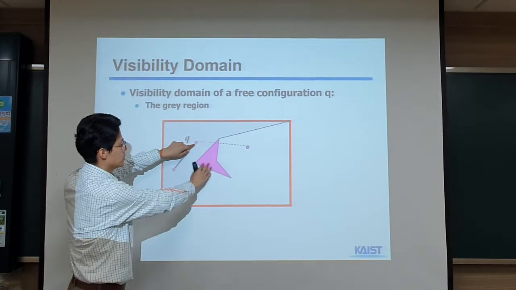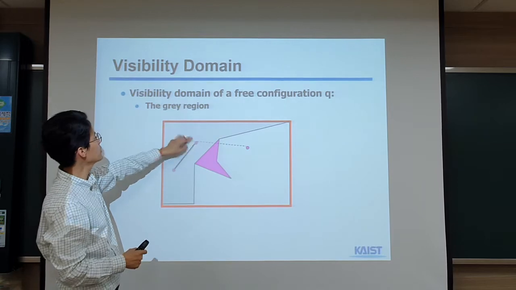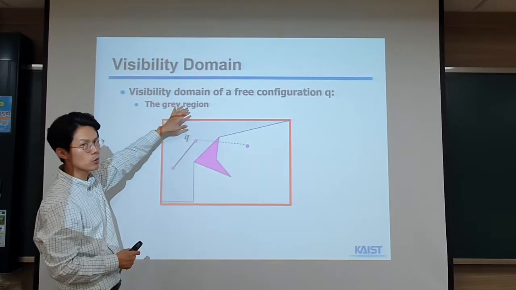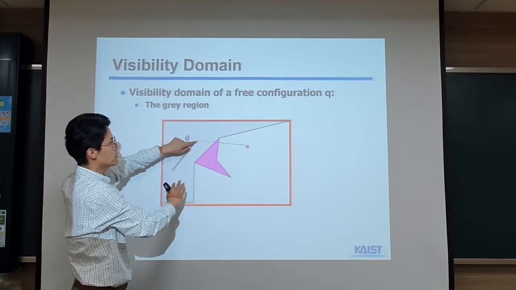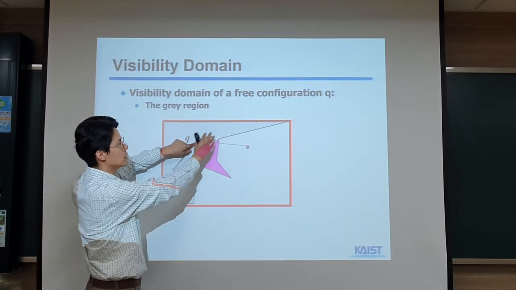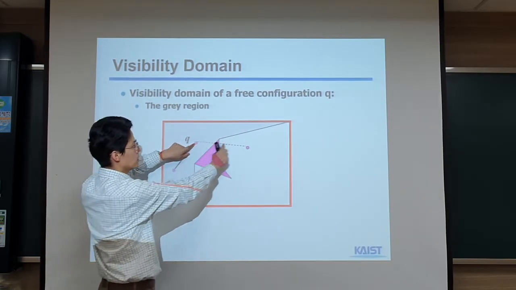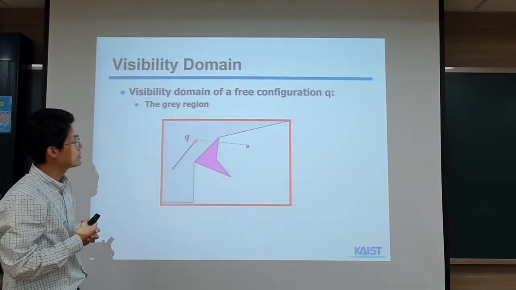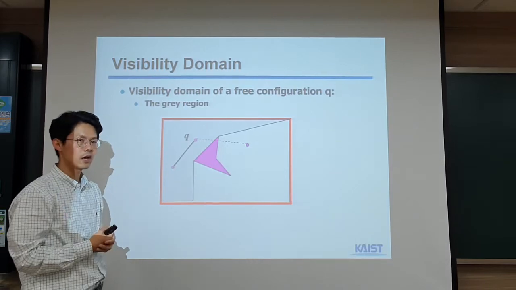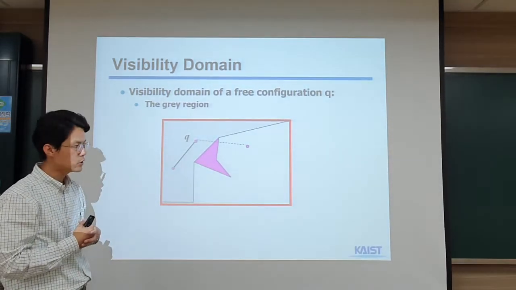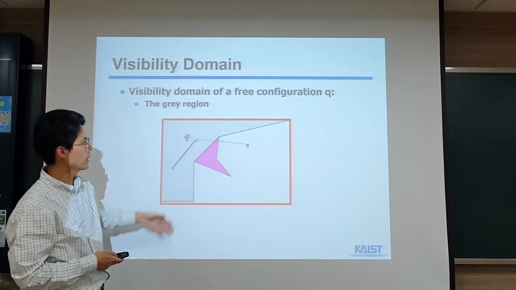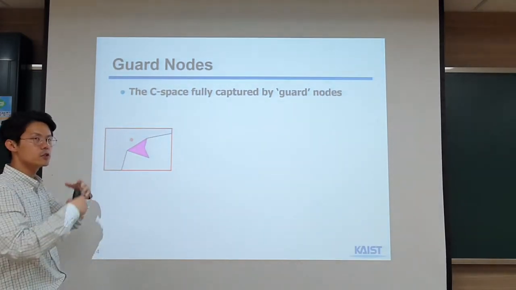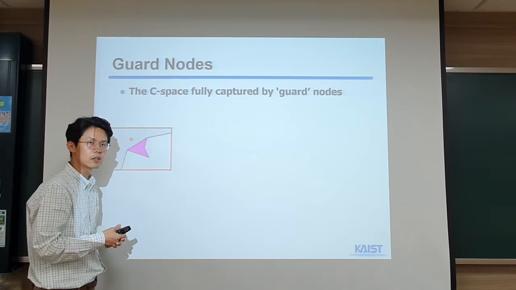This is illustrative, and somehow we compute the visibility domain. In other words, in that domain, we can see any point from here, right? So this is the computed visibility domain. Of course, computing this visibility domain requires a lot of computation, but for now, let's assume that we can compute it. Then for that node, we compute the visibility domain, and then you can generate other random samples.